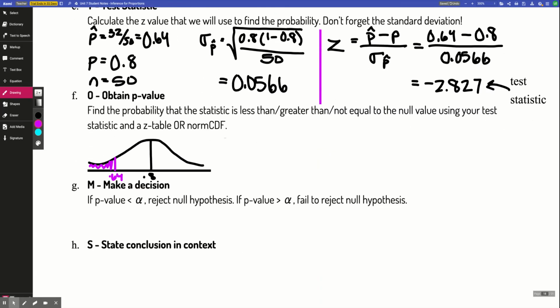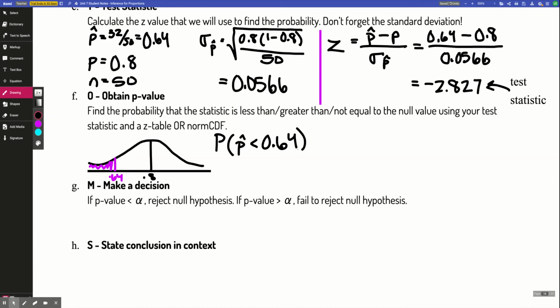So what we are actually calculating here is the probability. Let me switch this back to this color. So we are finding the probability that p hat is less than 0.64, which is equal to the probability that Z, your test statistic, is less than negative 2.827.